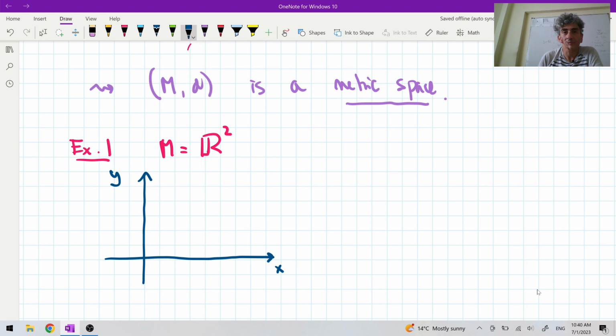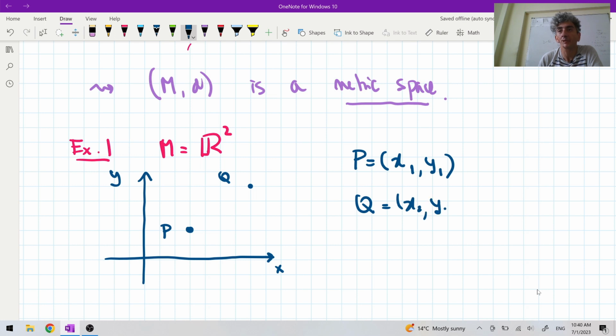Say you have a point here, call it P, and a point Q. These points have coordinates, right? P will have an x coordinate and a y coordinate, and Q will have an x coordinate and a y coordinate.